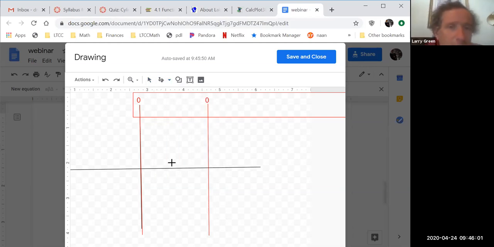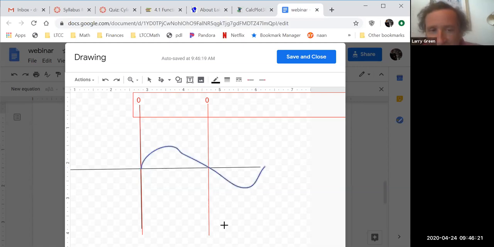So then remember we had the sine of x. And the sine of x, hopefully you remember, looks like this. Again, I'm not a perfect drawer, but you get the idea. It's pretty hard with the mouse.